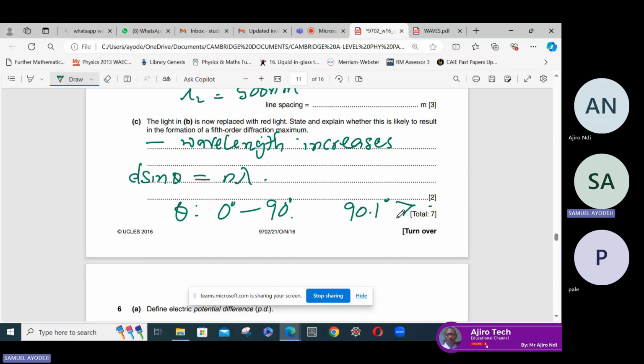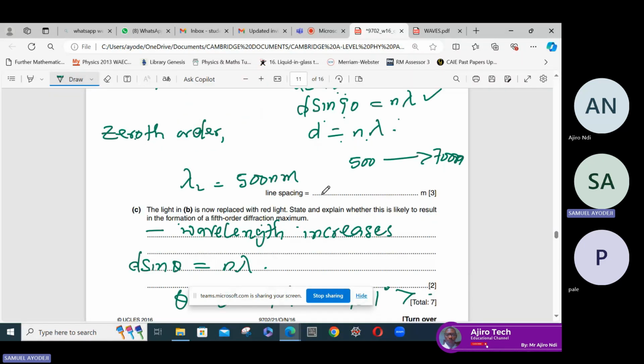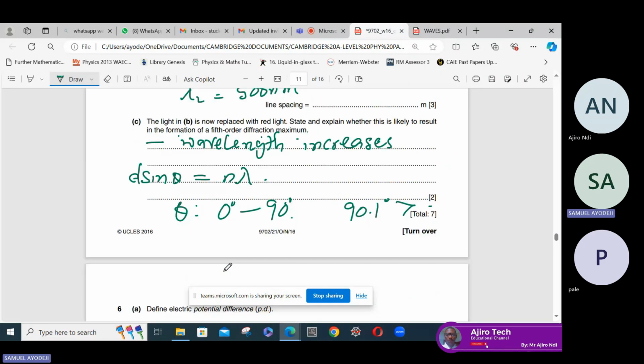We want to know whether fifth is possible. Fifth means n is 5. Use the wavelength and the formula to look for theta. You have the wavelength, and n is 5.